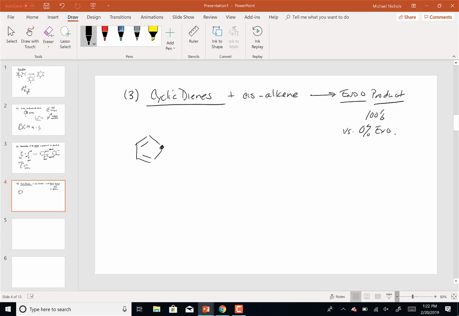So a cyclic diene automatically has to be S-cis. Another one that I use quite often is cyclohexadiene. Both of these have the double bonds pinned so that they are S-cis.